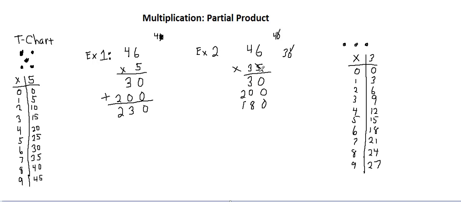Okay, and now we do 30 times 40. So we put the 0 down for the 30, put the 0 down for the 40, and now we can do the base fact of 3 times 4, which would equal 12.